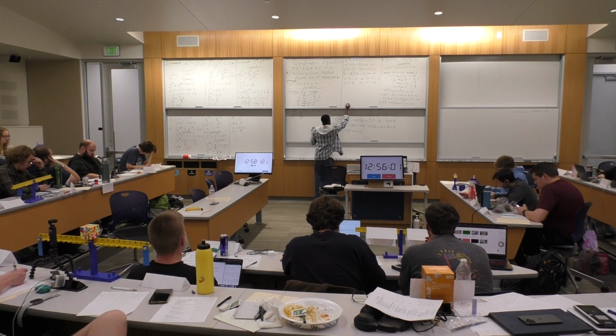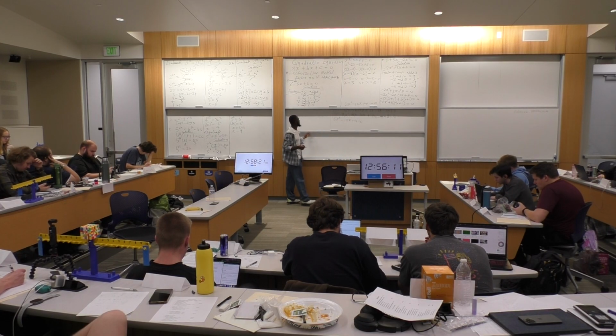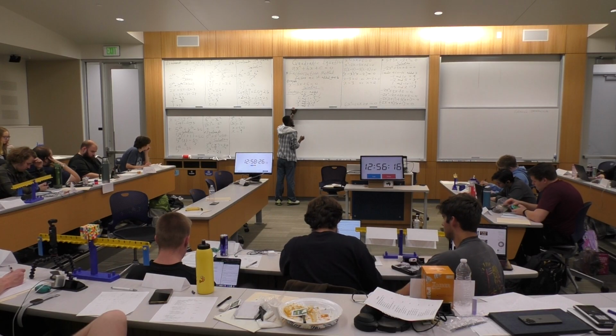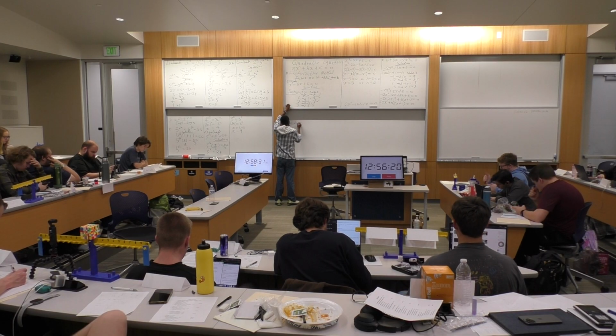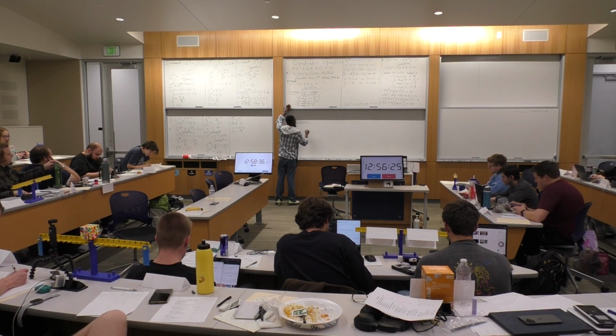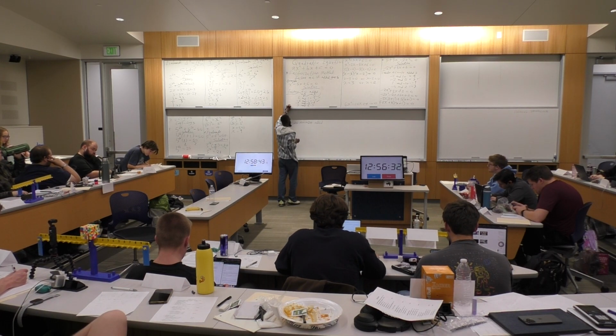Let's write this out: 6x squared negative 10x plus 4 equals 0. So this is in the form of a quadratic equation. We find the factors of AC. AC is what? 24. That when added give us negative 10.